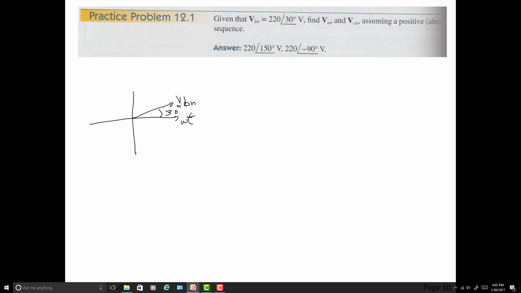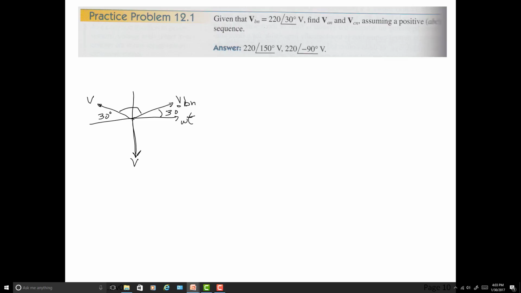Now, if we know that there are two other vectors, and the system is fixed at 120 degree separations, 30 needs another 90 down this way. So there must be another vector down here. We don't know what it is. And here's another one over here. This is 30 degrees.